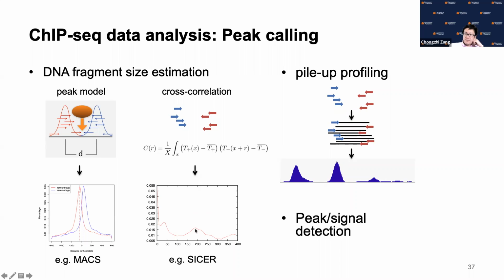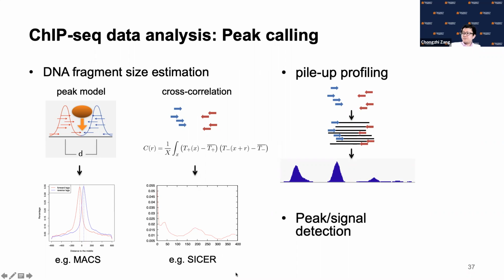Intuitively, this means that if we observe, across the genome, not necessarily in the peak region, a forward read, where in the flanking regions are we most likely to observe a reverse strand read? That is the peak of the cross correlation curve. So this is another way of estimating DNA fragment size, used by another commonly used ChIP-seq analysis tool, SICER.